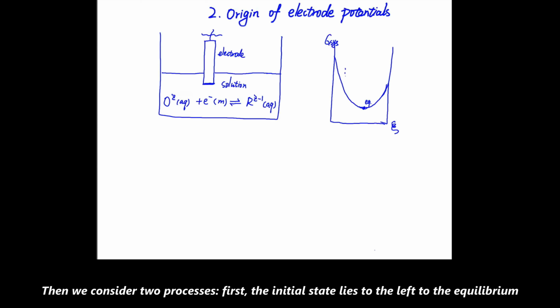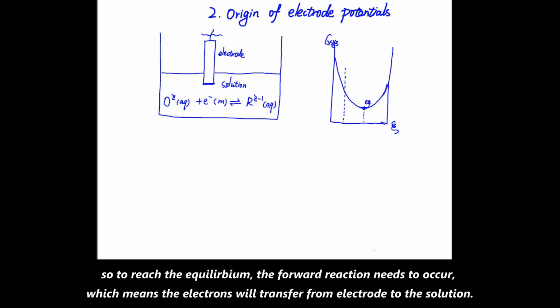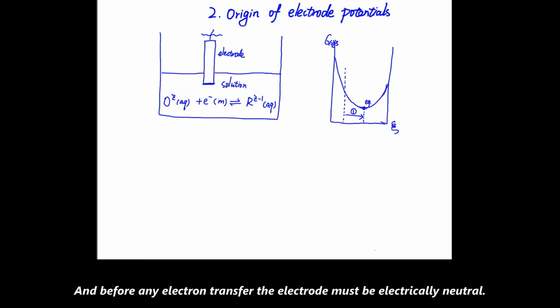Then we consider two processes. First, the initial state lies to the left to the equilibrium. So to reach the equilibrium, the forward reaction needs to occur, which means electrons will transfer from electrode to the solution. And before any electron transfer, the electrode must be electrically neutral.